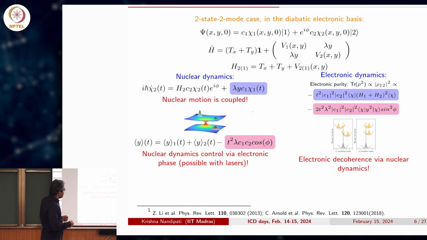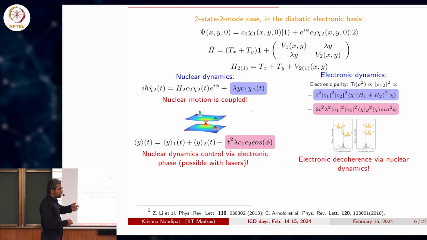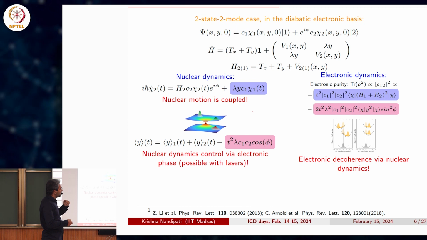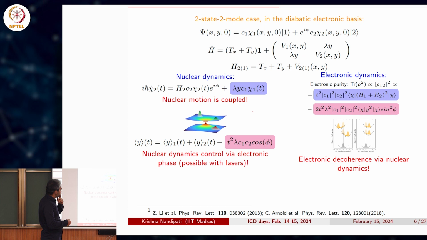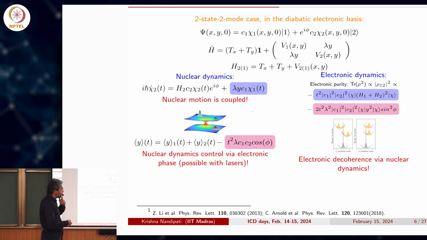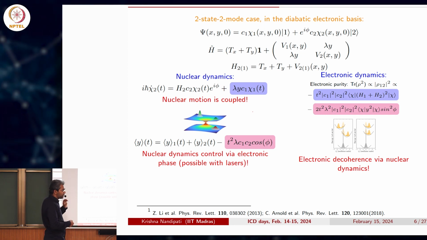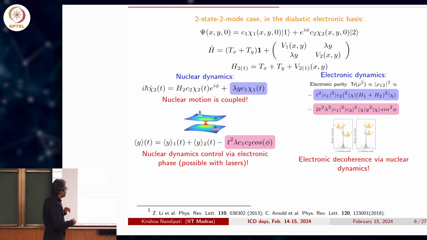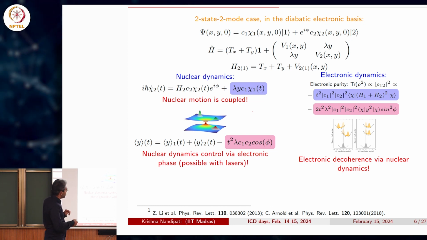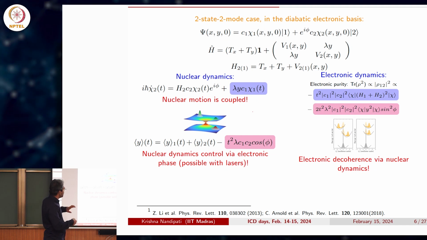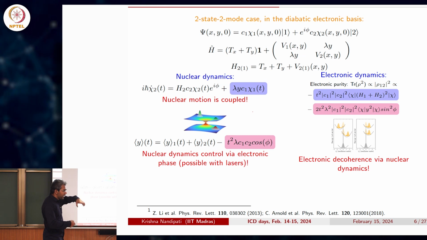So these are the possible ways to tune this phase, of course, but the non-adiabatic coupling is internal, and this is something that we cannot tune. There is something called laser-induced conical intersections, people call it, to an extent. So it's a strong field effect, but in the weak field regime, one can play with this phase with the lasers and then tune the mean position and nuclear dynamics.